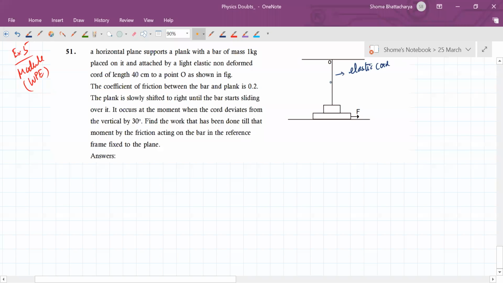Just think of it like a spring. So it has some spring constant and it has a natural length. And right now it is at natural length, and that is given to us as 40 centimeters. There is a coefficient of friction equal to 0.2 here. The plank is of 1 kg mass.